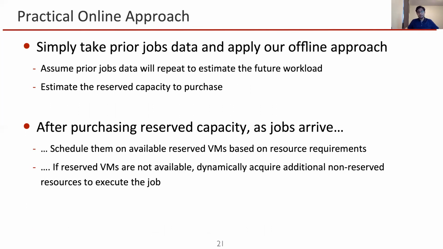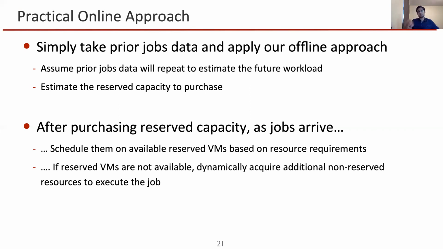Coming to how our algorithm approaches, given a huge amount of data, our online approach takes initial data as training and uses the offline algorithm to estimate how much reserved capacity to buy. We assume here that the training period can predict the future, or testing, with good accuracy.